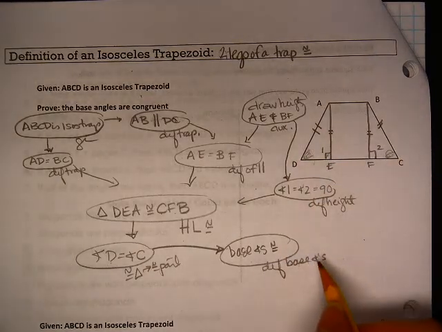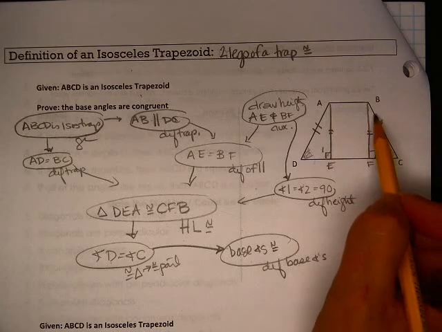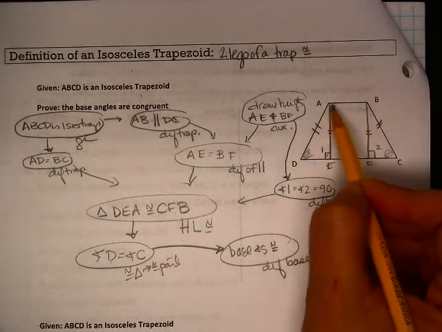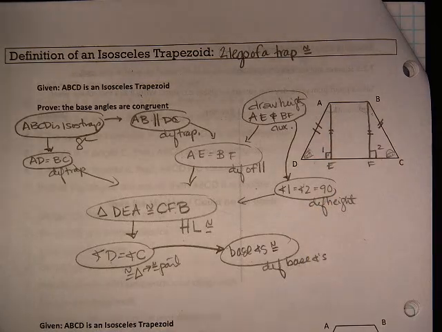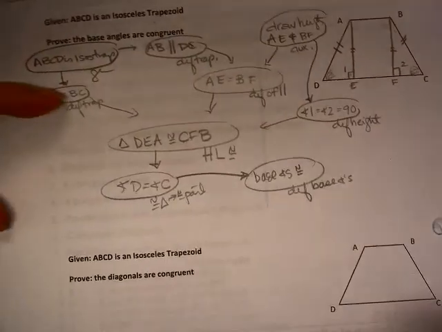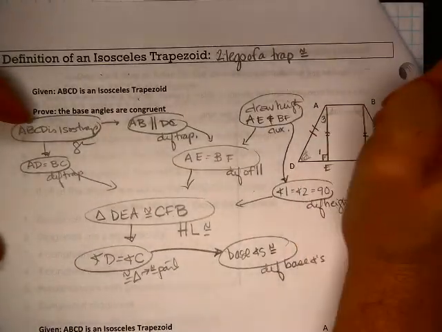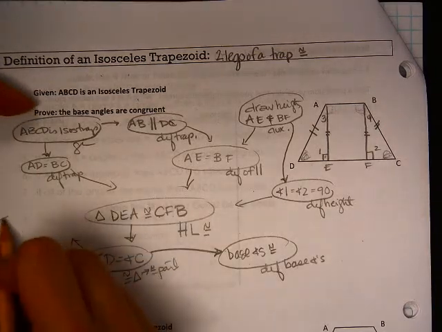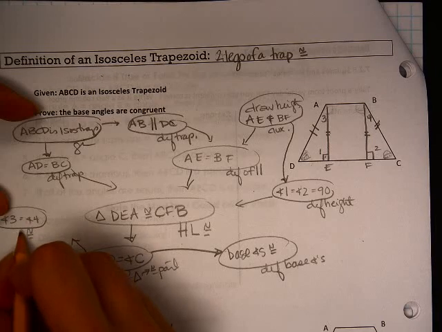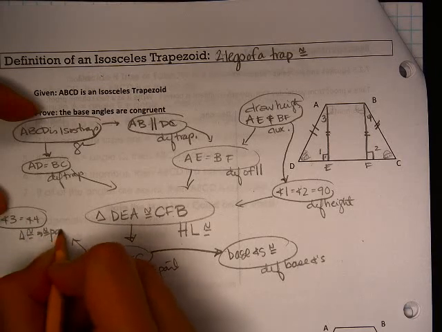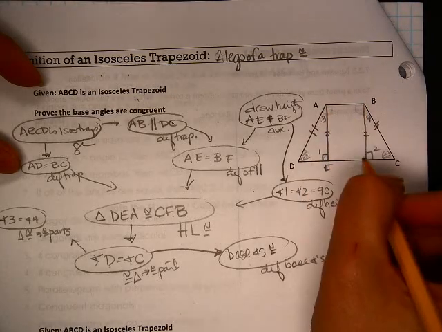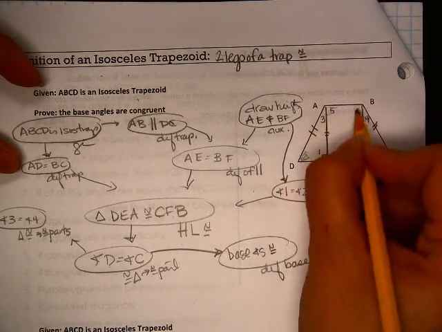Now, continuing, these two angles are equal to each other because my triangles are congruent. These are both 90, so I can also prove that the top ones are equal to each other because technically they're also base angles. So let's go ahead and do that. I don't want to shortchange you here. So I can also say that angle 3 equals angle 4 because of congruent triangles. And I can say that this is like a little rectangle here, so angle 5 and 6.